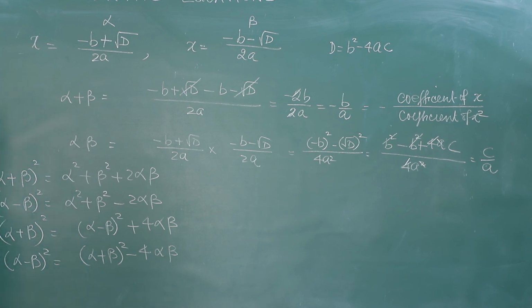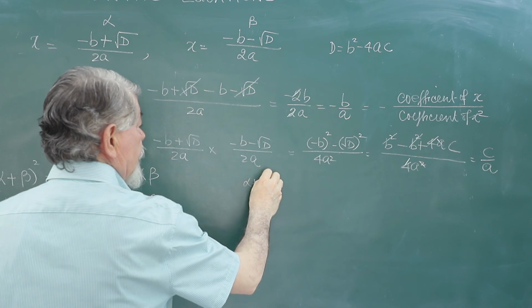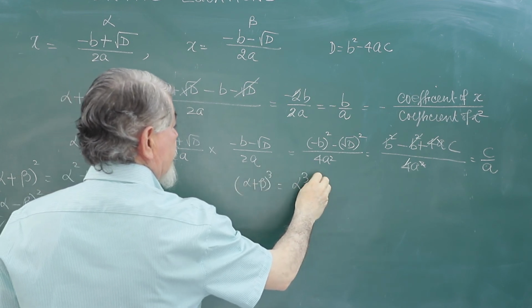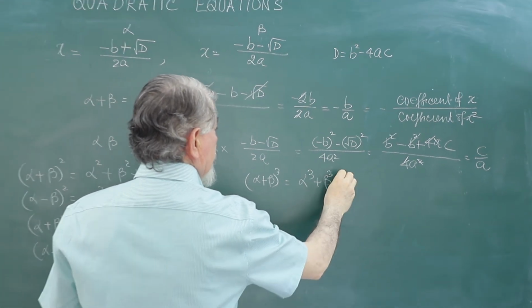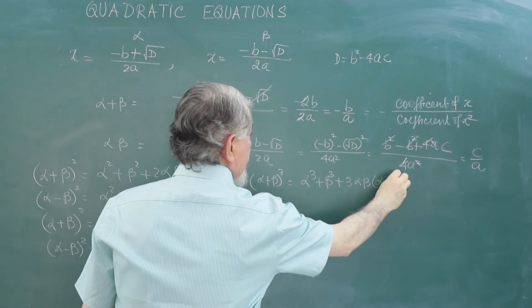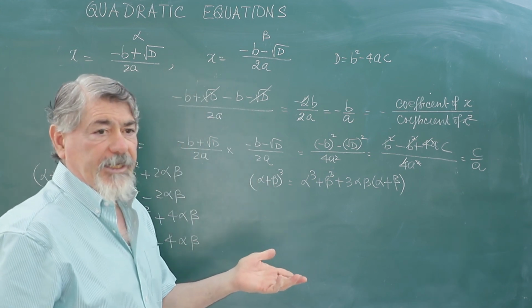Also, we will be using the cube formulas like alpha plus beta whole cube will be equal to alpha cube plus beta cube plus 3 alpha beta into alpha plus beta. We are using the variables alpha beta instead of a and b.